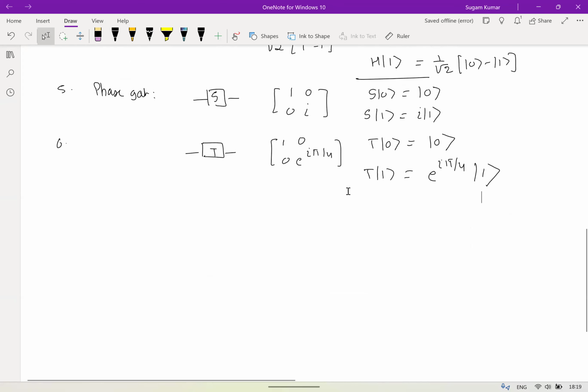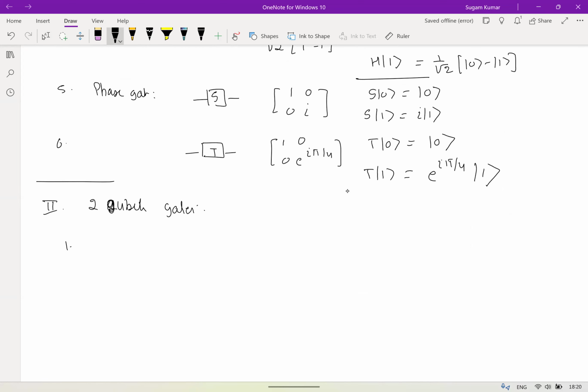And similarly, we also discussed two qubit gates. In the two qubit gates, the first important one we discussed is the CNOT. I told you that all these gates you can construct by this matrix I2, O2, O2, and a unitary matrix U2.